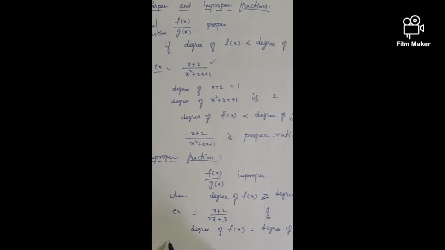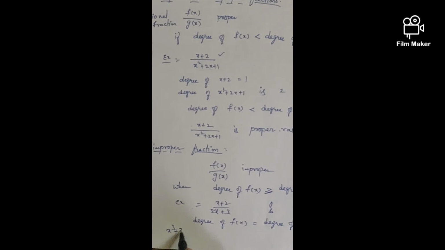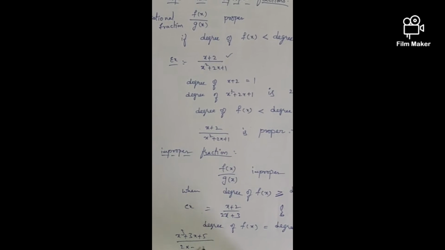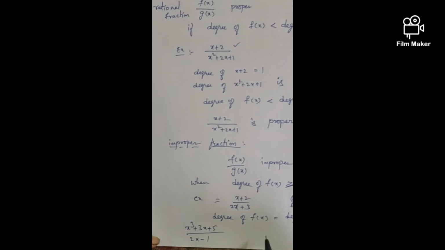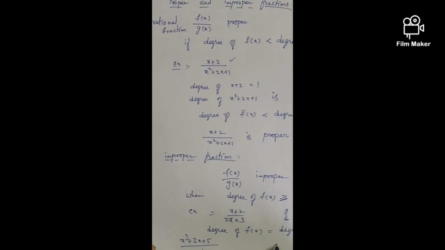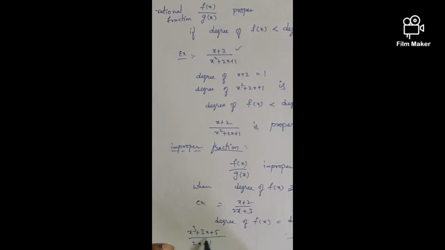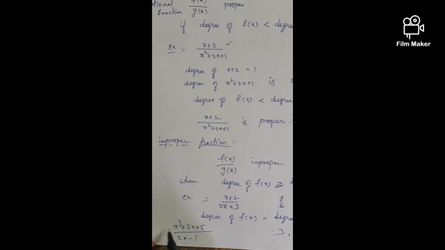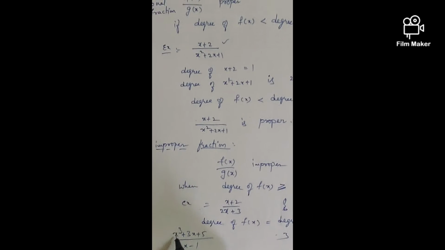And also, we can say x cube plus 3x plus 5 by 2x minus 1. The degree of the numerator is 3, and the degree of the denominator is 1. What is degree? I already told, that is the highest power.